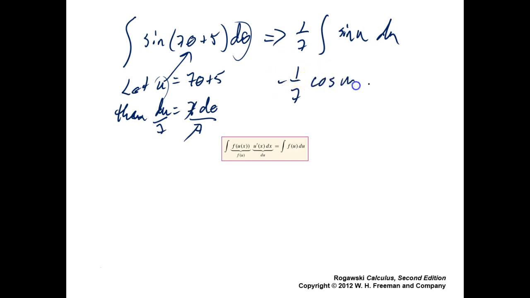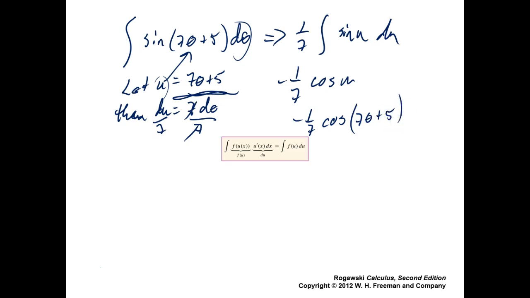Negative cosine u. Okay? But our original problem didn't have u's in it. It had theta. So let's go back and put what u was. Negative 1/7 cosine of, and what's u? 7 theta plus 5.